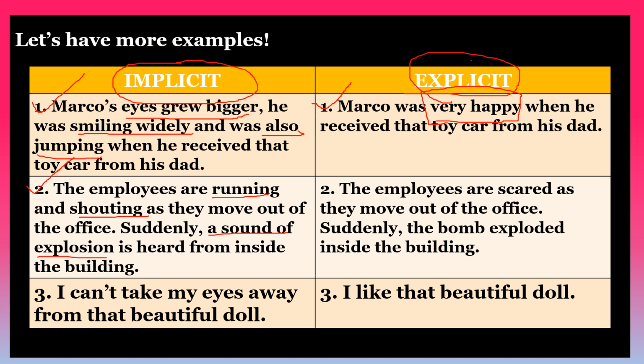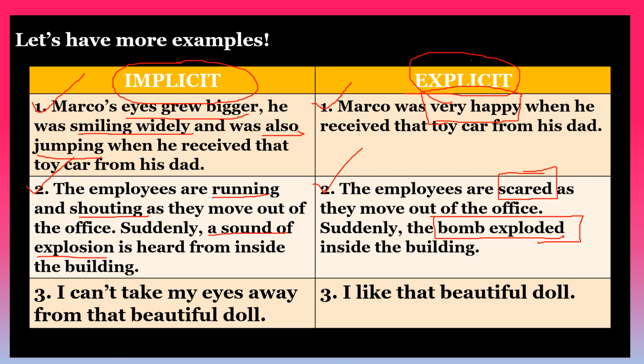But it's not clearly stated there what it was. While in the second example, it's clearly stated that they are scared. The word scared is there, and the bomb exploded. Yes, that is very clear.